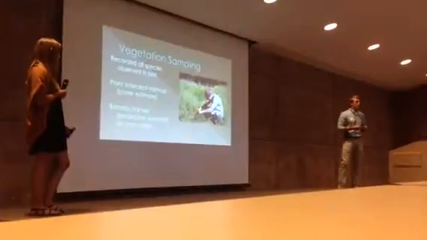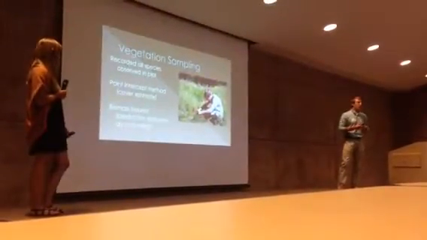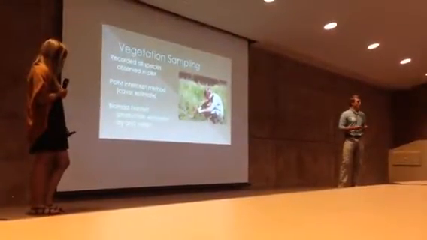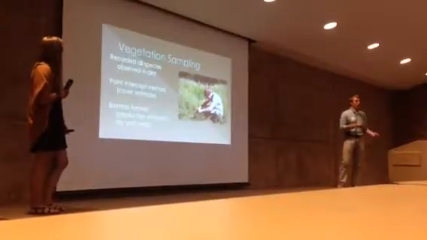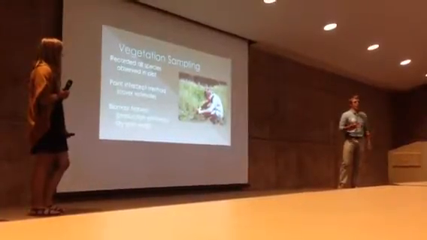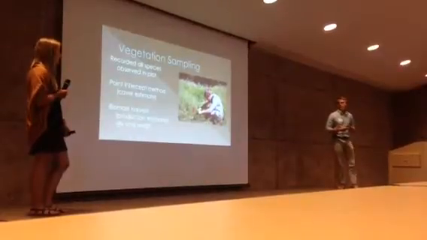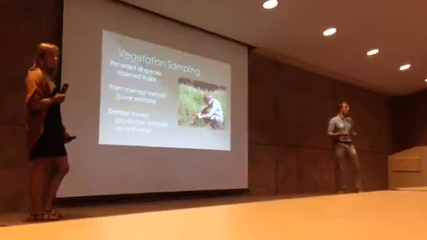After setting up plots, we moved on to vegetation sampling. Vegetation sampling allows us to observe and compare any changes in plots in response to our different treatments. We start by recording all species that we observe in each of our plots.